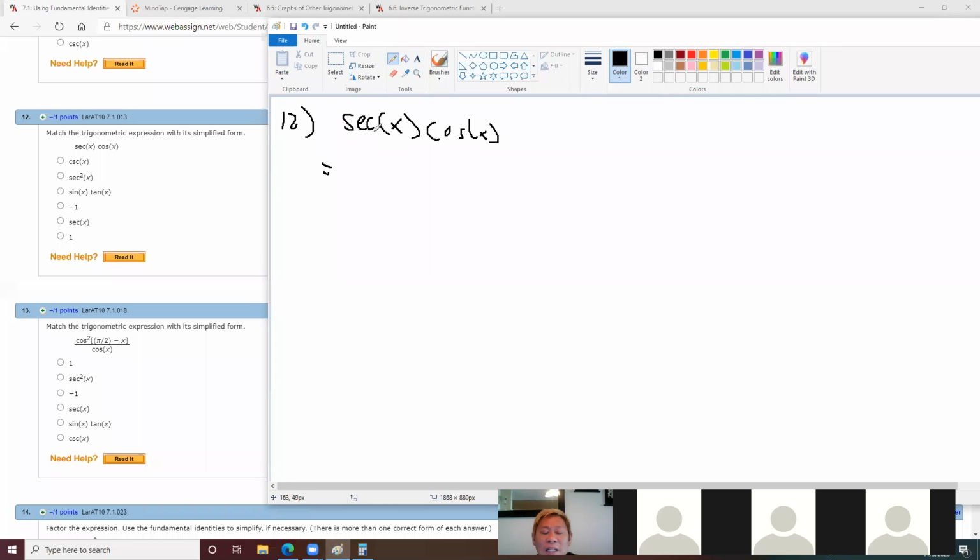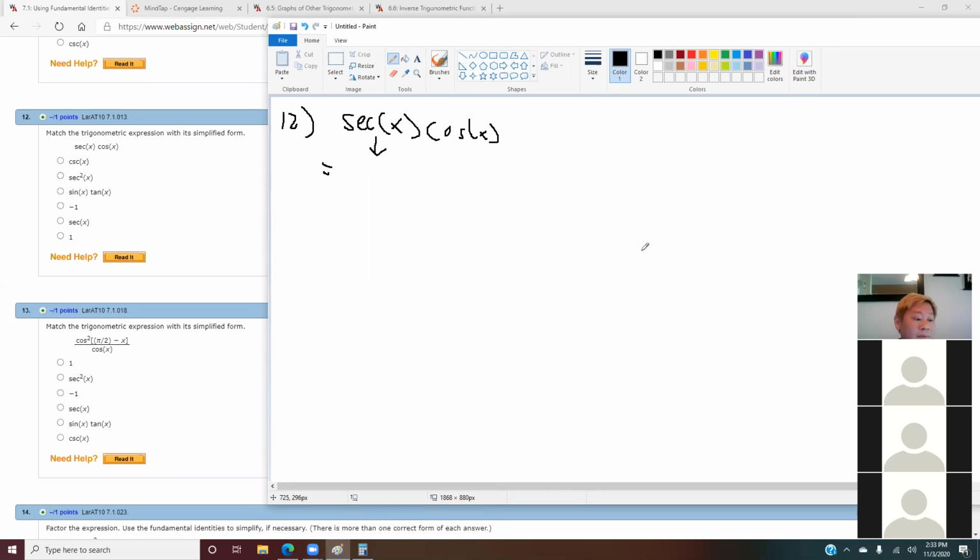Can you change secant into cosine? So secant x is what? This is not that tough. This is where you start to prove your identity. Secant x is 1 over cosine x, right? Yes. And then you still have a cosine x over here.